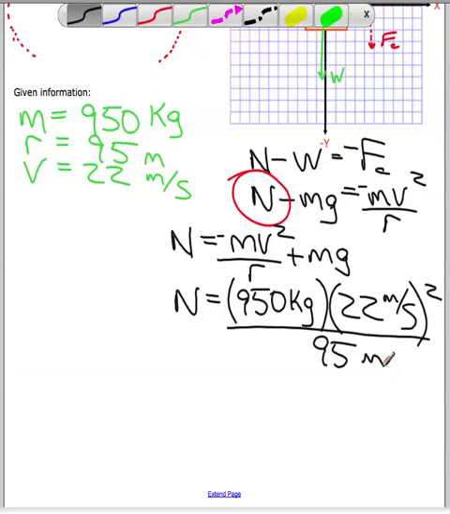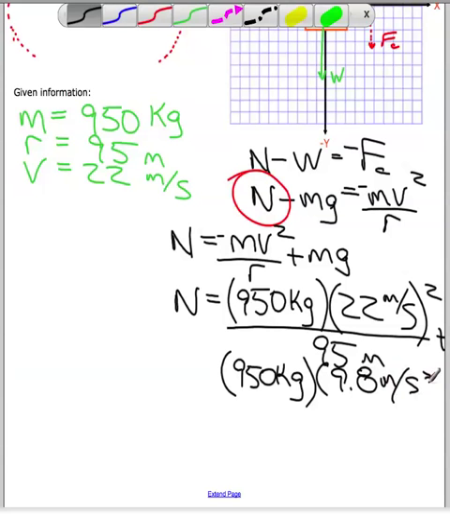And to that, I need to add the term mg, or the weight, which is going to be 950 kilograms times 9.8 meters per second squared.